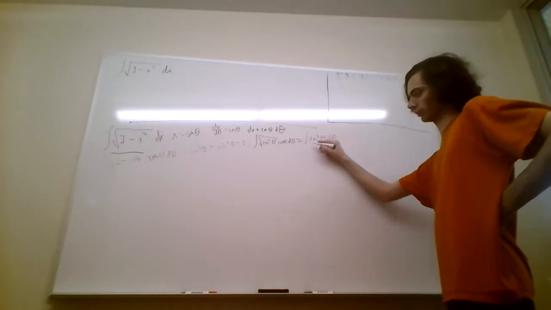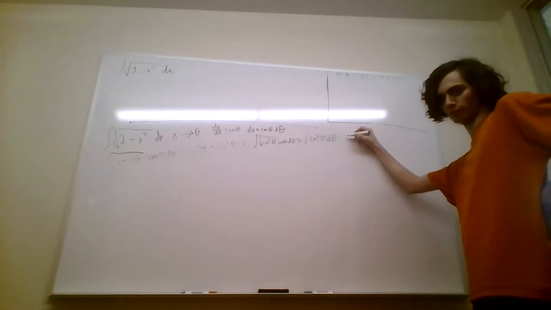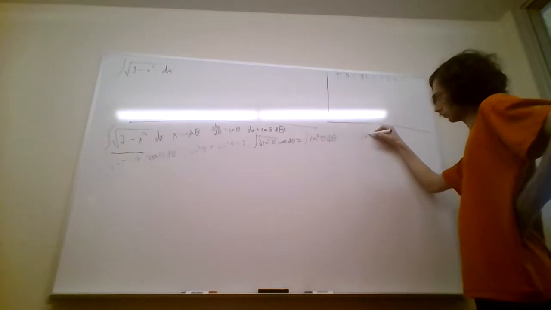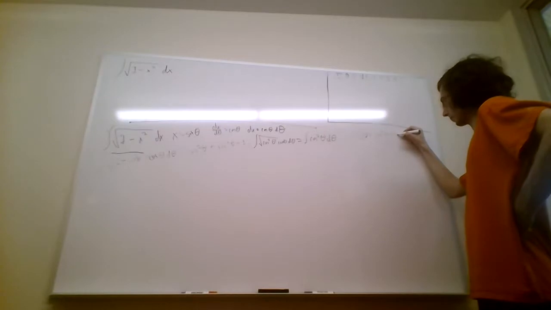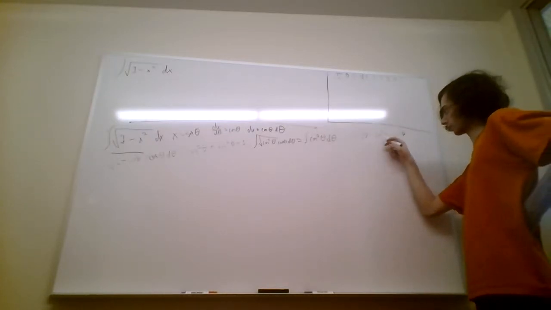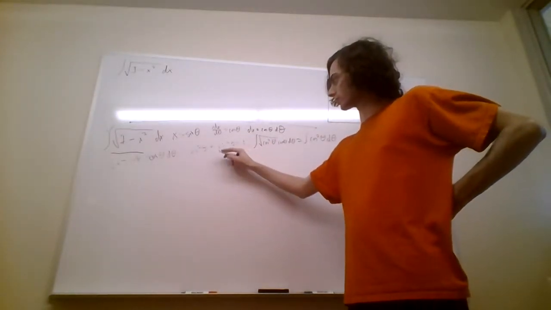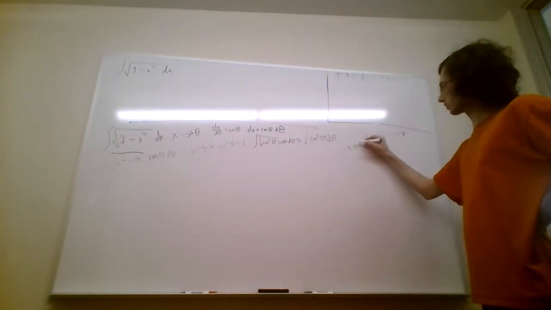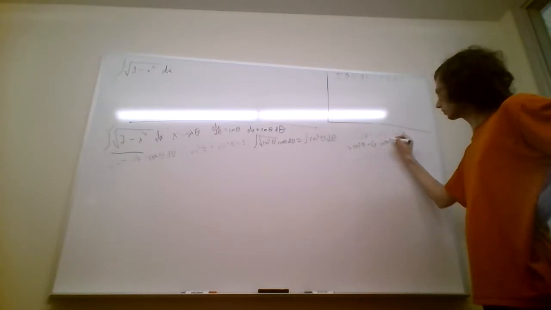Okay, so we're going to use another identity for this. It's called the double angle identity. Cosine 2 theta is cosine squared theta minus sine squared theta. We want this only in terms of cosine 2 theta and cosine squared theta. We don't want the sine theta. So from this, we can figure out that sine squared theta is 1 minus cosine squared theta. So we can say that's equal to cosine squared theta minus (1 minus cosine squared theta).